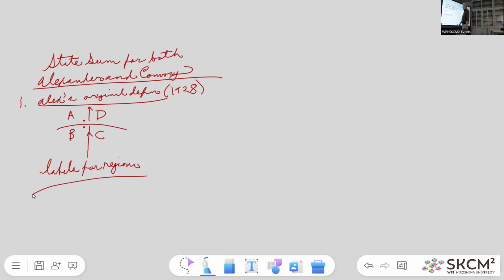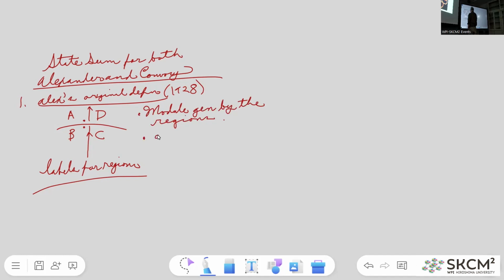And then there's going to be a module generated by the regions, and one relation at each crossing.